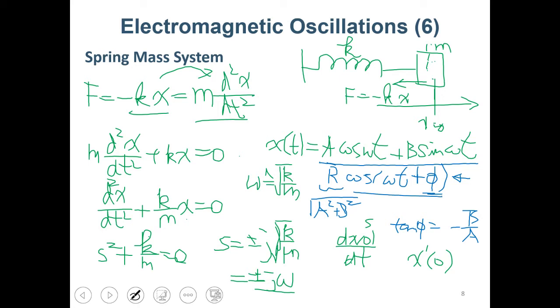This cosine should be equal to cosine omega t cosine phi minus sine omega t sine phi. So we can write it like this. And usually, for some cases, we can assume that phi is 0 to make this expression look more clean.